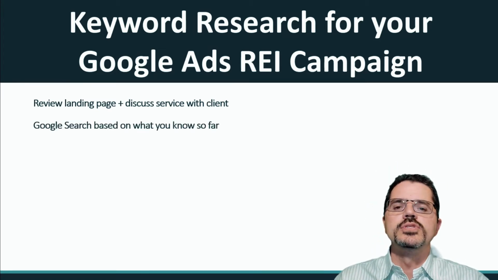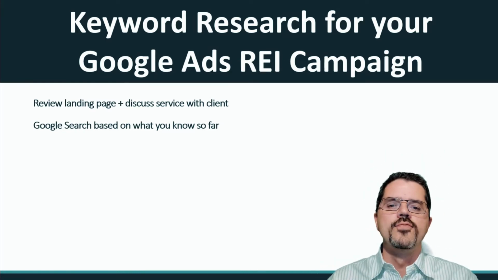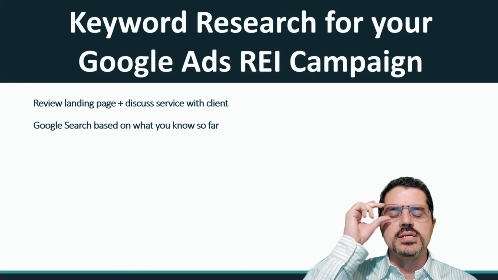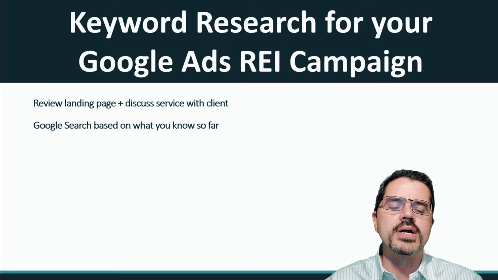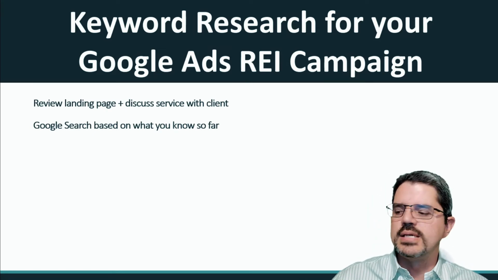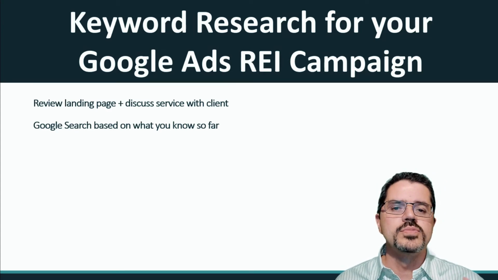The next thing you want to do is jump on Google and start searching for that criteria, as you understand it. Search for the market, and if you're not living in the market, you can do a couple different things.